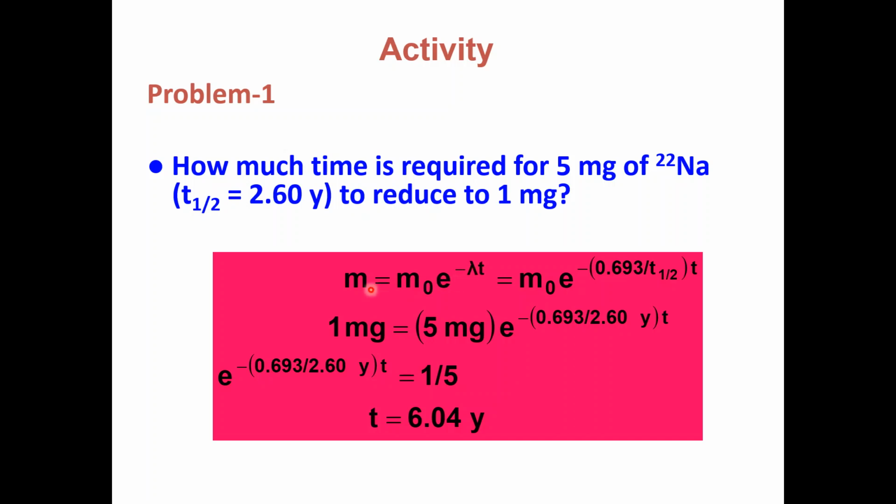M is the required amount of mass, m naught is the initial mass, lambda is the decay constant, and t is the time that is needed. So you just put in the values. The required amount is 1 mg, and 5 mg is the initial amount. Then you put in the given values for the decay constant lambda and the half-life.